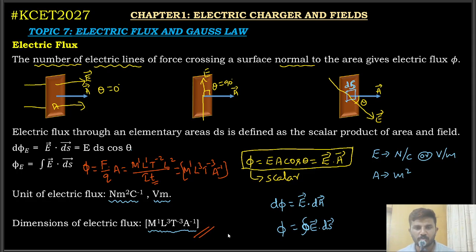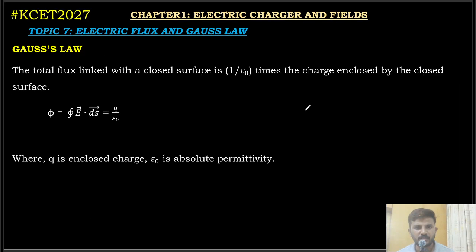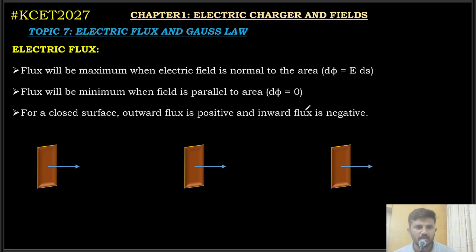Clear? This is about basics. So when do you say flux is maximum and when do you say flux is minimum? Let us discuss this. The flux is maximum when the electric field is normal to the given area. If electric field is normal to given area, that means in the direction of area vector, then theta will be 0 degree.